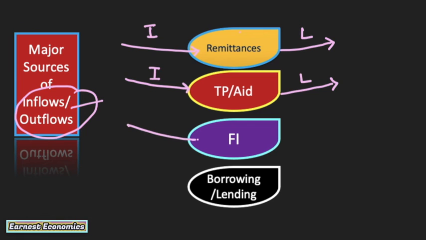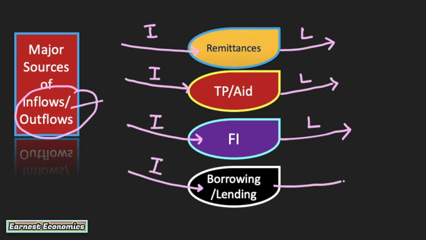Now, foreign investment: if it is coming into the country, it is an injection. If it is moving out from the country, it is a leakage. And obviously borrowing: if a country is borrowing, it will be a case of injection. Whatever the cause of the inflow, it will serve as an injection. And if a country is lending, it will serve as a leakage.